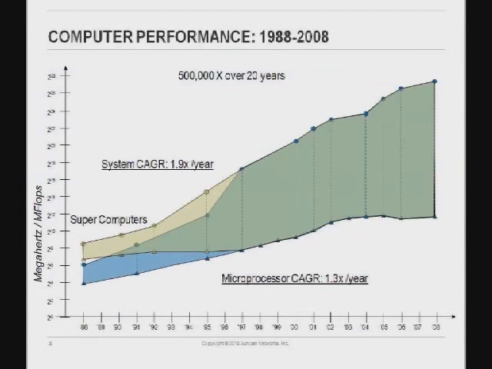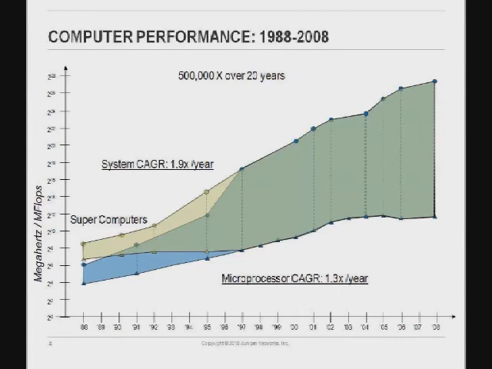That is the driving force, but what is behind this exponential growth in the last several decades are the improvements in silicon integrated circuits. On this diagram, we are showing the performance improvement of a computer system in the last 20 years or so.